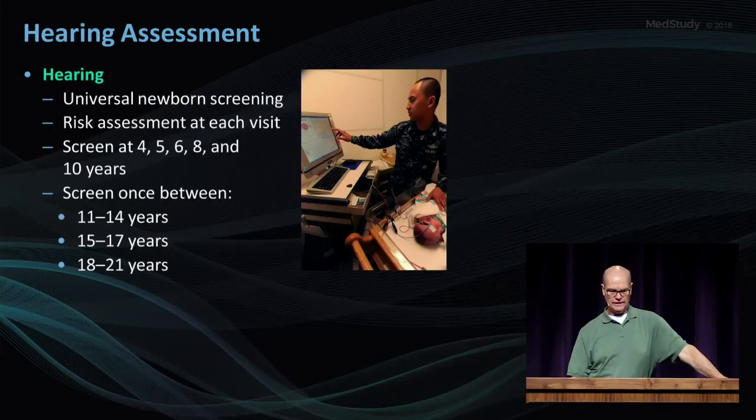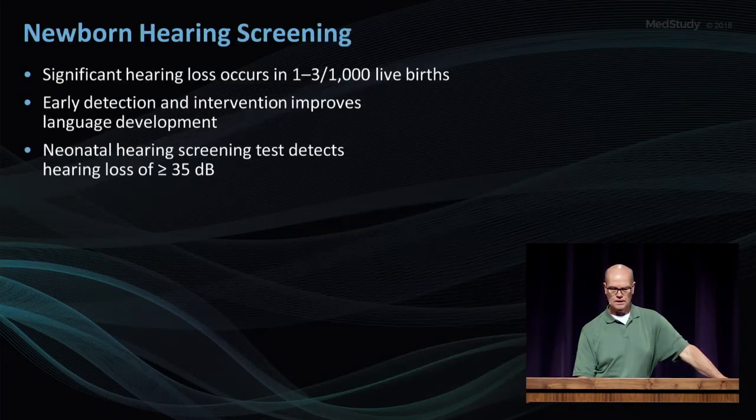In regards to hearing assessment, we talked about requirements in early, mid, and late adolescence previously. These are the recommendations in the younger age groups for risk assessment at every visit, and then more specific screening at these particular age groups.